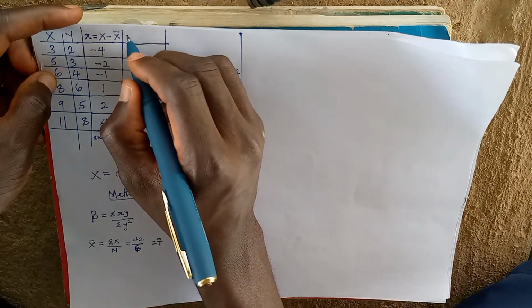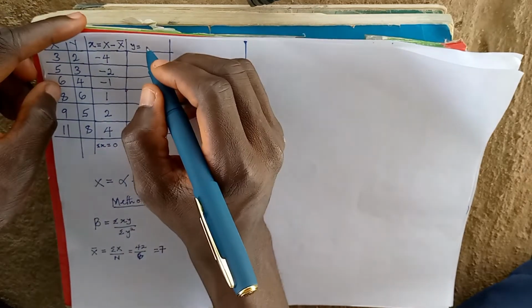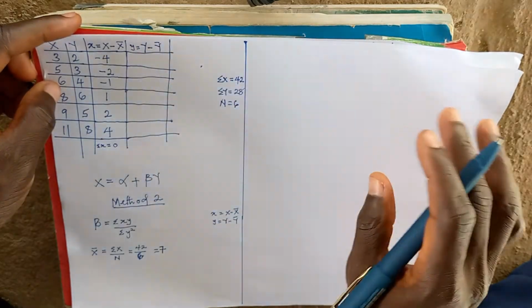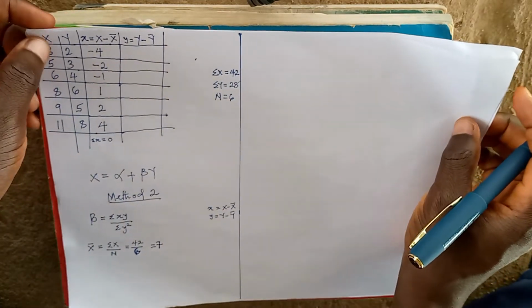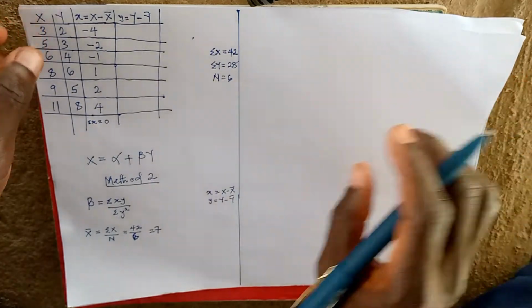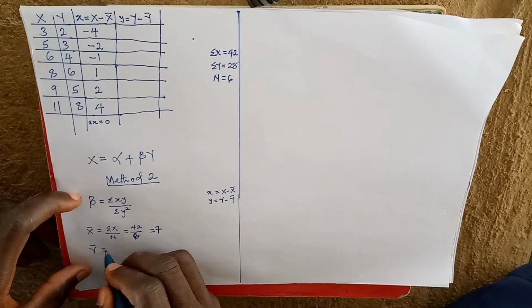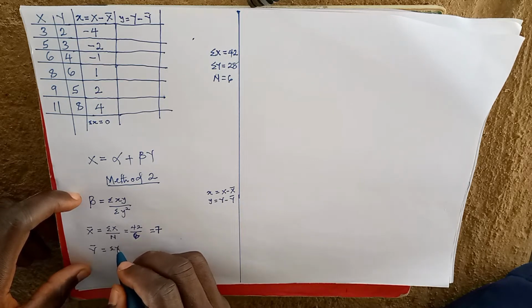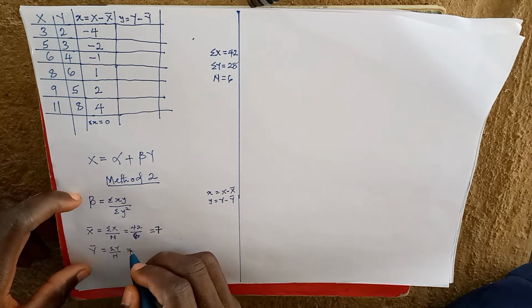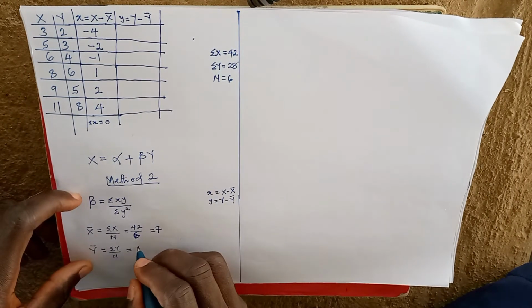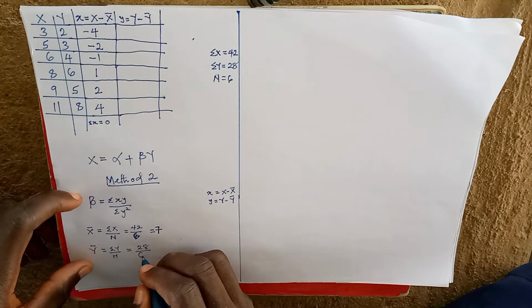Small y equals capital Y minus capital Y bar, so we also need y bar in this case. Y bar equals summation y over n, which is our summation y, 28, divided by 6.